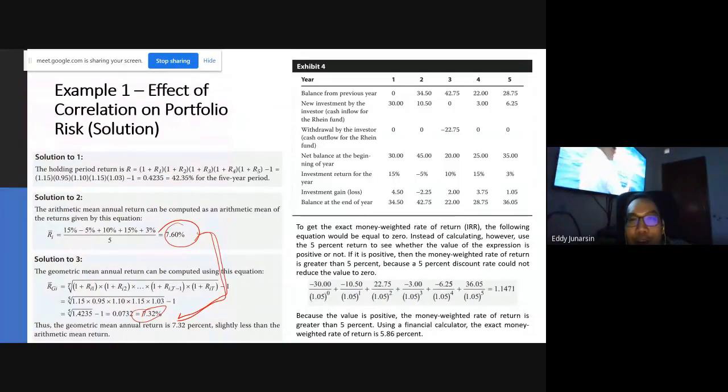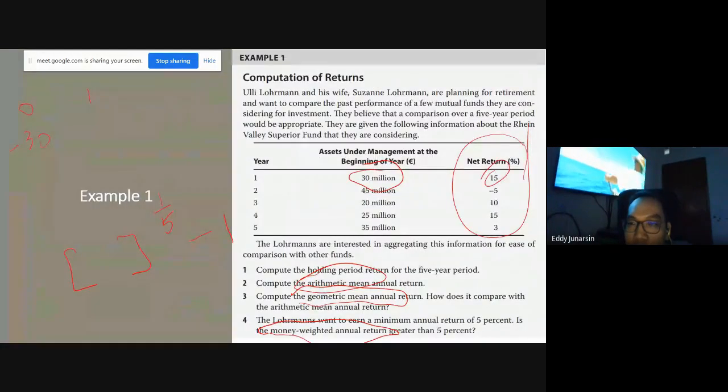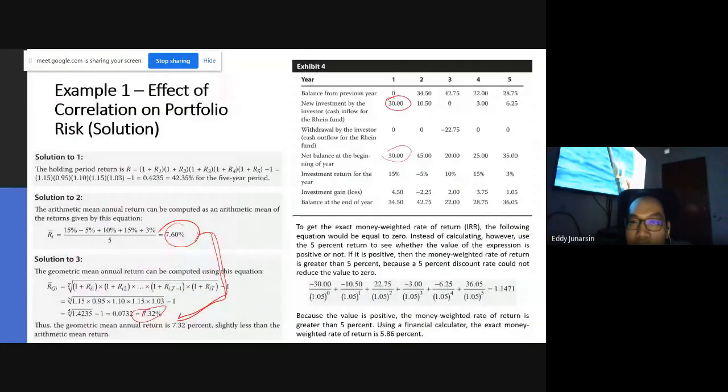Okay, make it easy for you also. So you started investing 30 million from year 0, right? And you started with 30 million. What is the first year again? Oh, 15%. You made 15%.